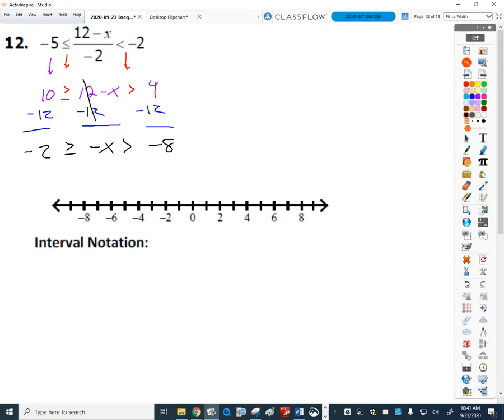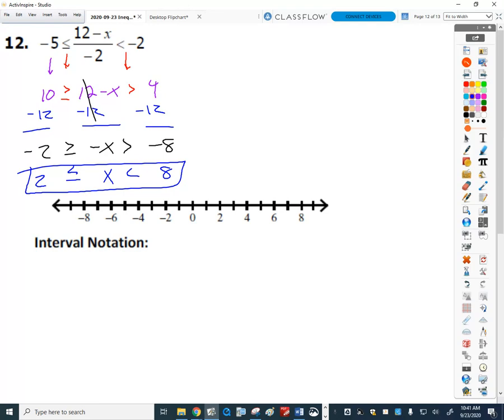And then last step. Multiply by -1 to change the sign. So then that becomes positive, that becomes positive, that becomes positive, and I have to flip, right? So there's my solution. Okay.